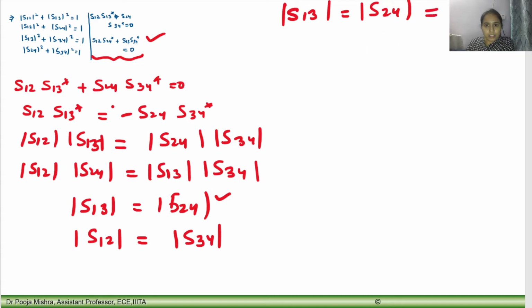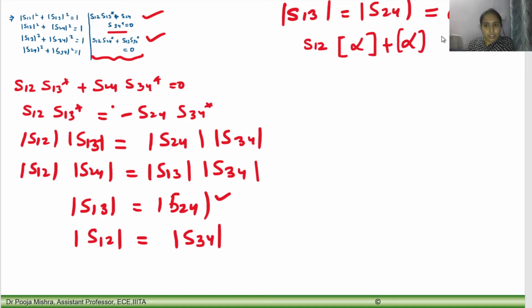Let's say it's a real, positive value. We'll use this equation by putting the value of S13, S24 equal to alpha. S13 conjugate, a real conjugate, is a real value, equal to alpha. So mod S12 into this value S13 conjugate is alpha, plus S24 is also alpha.